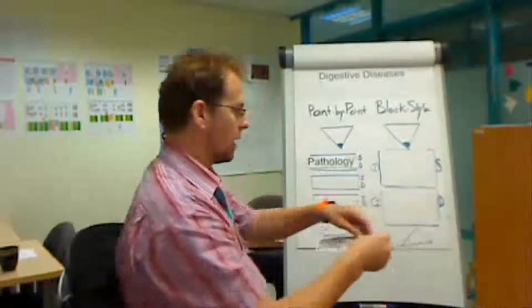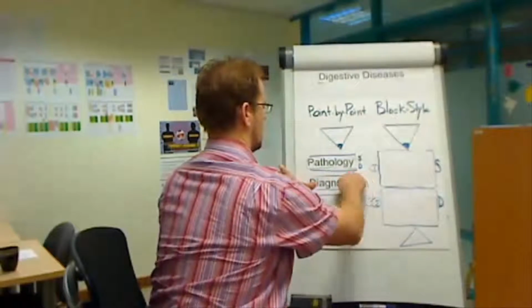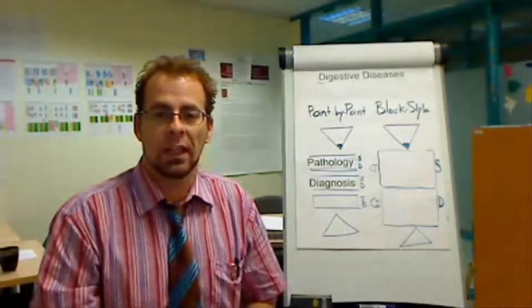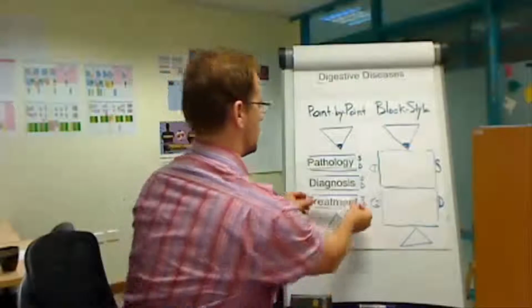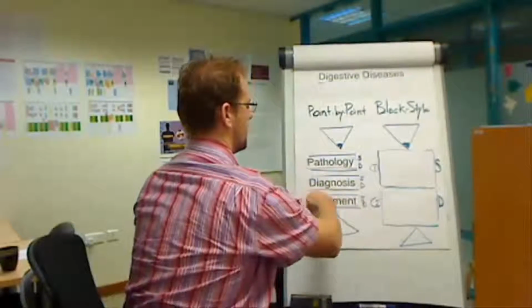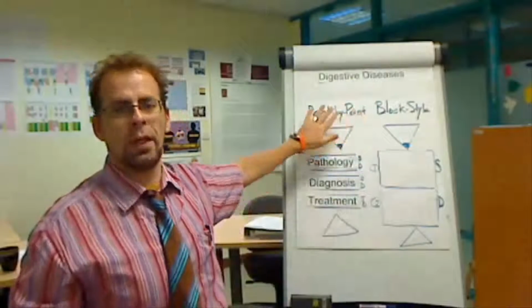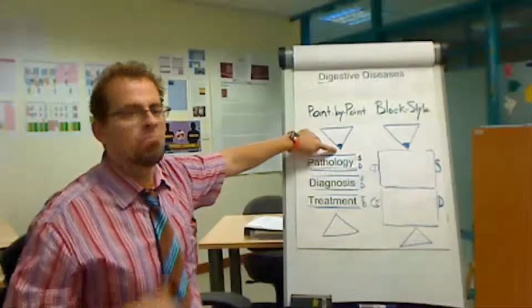And then we decide our next point is maybe diagnosis. So in the second body paragraph, we talk about the diagnosis of the disease. And then in our last body paragraph, we talk about treatment. So in a point-by-point essay, we have introduction, thesis statement.